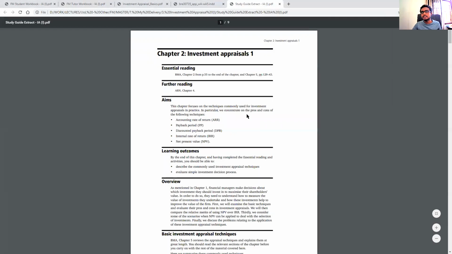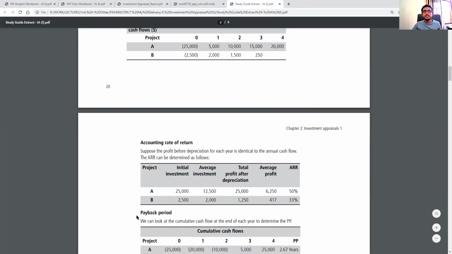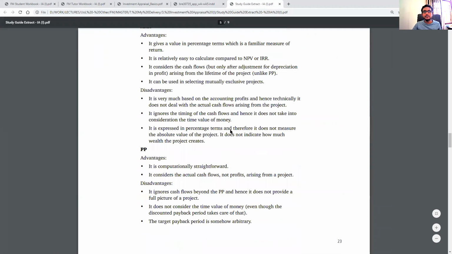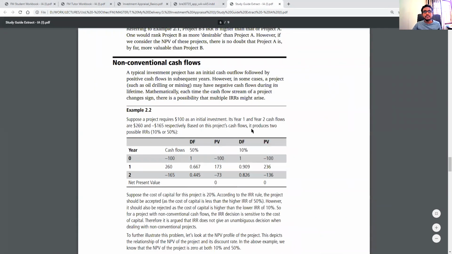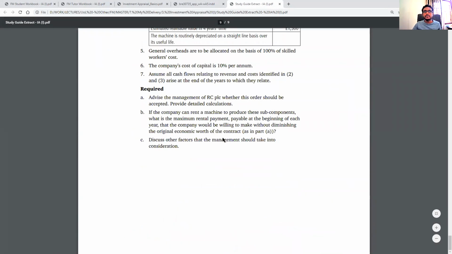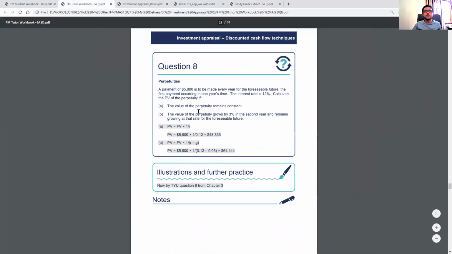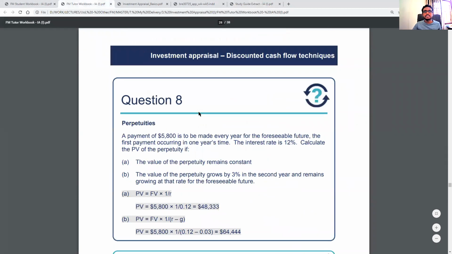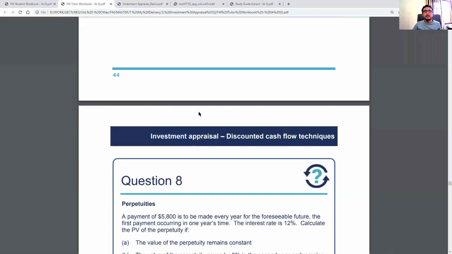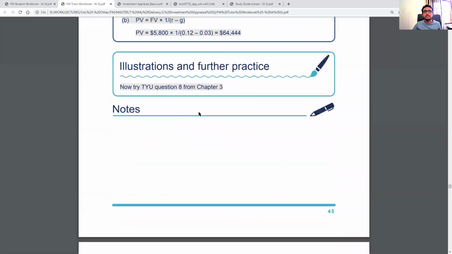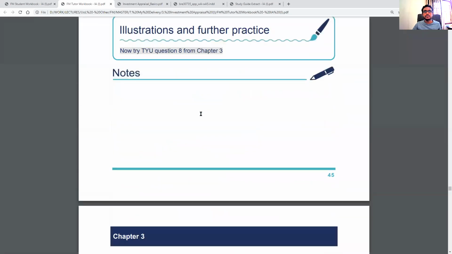You have several examples in your study guide. Try them out, work them out, calculate, read through them. Perpetuity, annuity, everything's addressed. But I think what we've done here is more specific and more detailed. So you can work on that. There are plenty of examples for you to try as well.